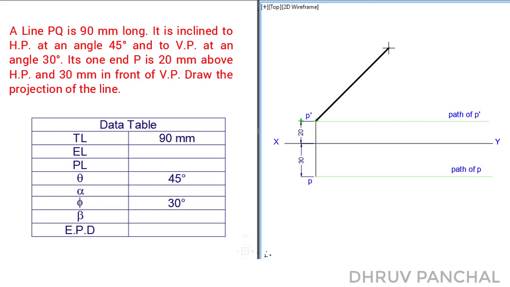From point P', draw inclined line of true length equal to 90 mm at an angle theta equal to 45 degree and locate point Q'.